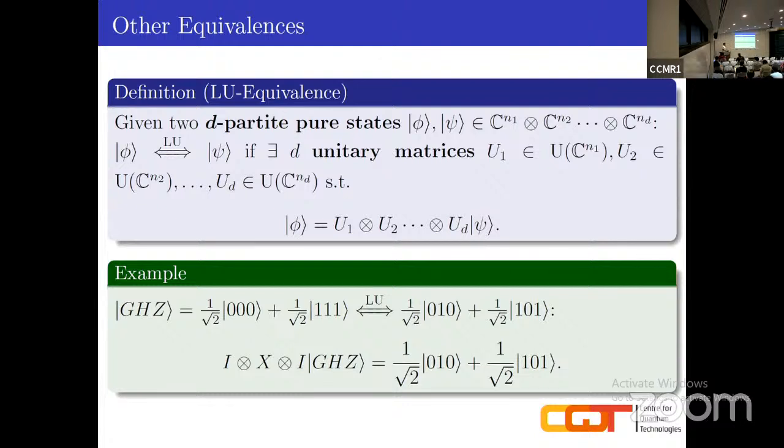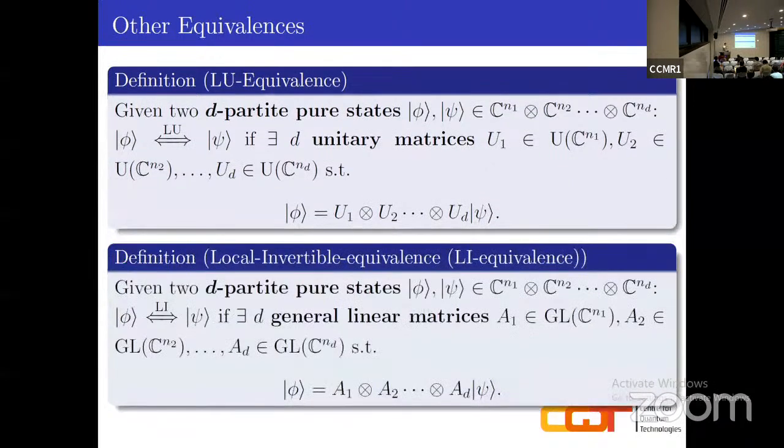Now if we relax the unitary matrices to general linear matrices, we have a very similar definition, which is called LI equivalence.